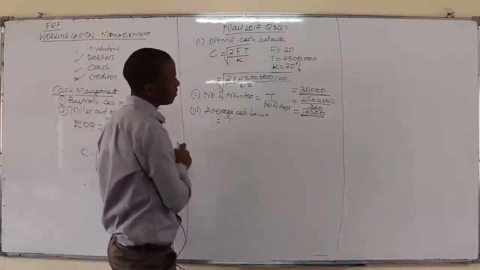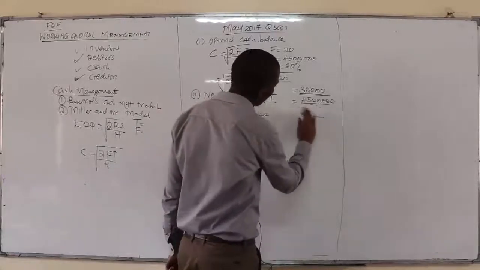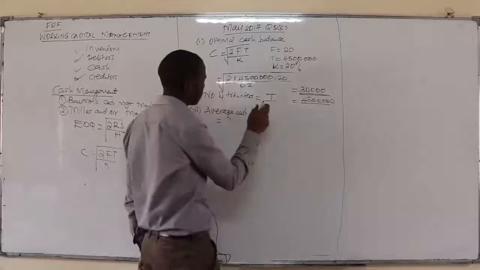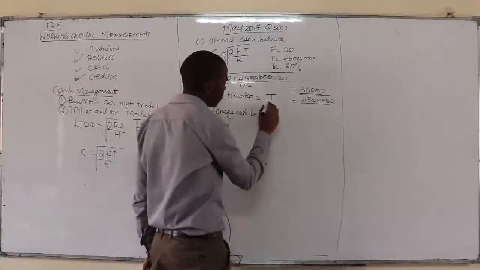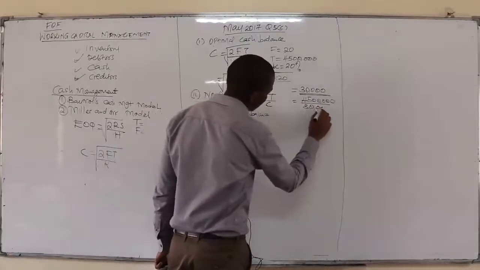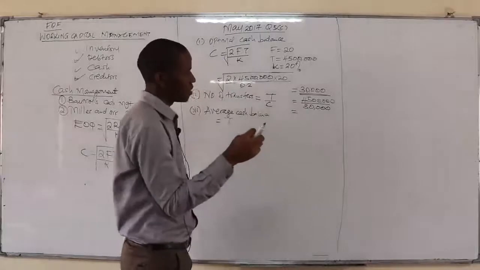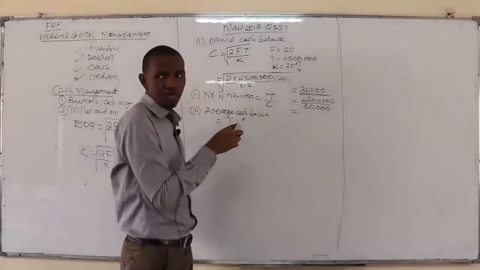Now, the number of transfers is the one that we have been working out. This one you have to divide by the optimal cash balance, which is 30,000, for you to know the number of days. So yes, that one you have to divide by 30,000.